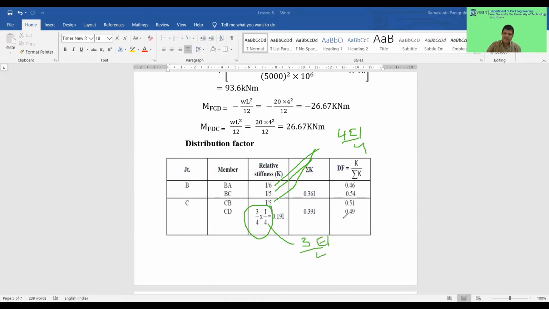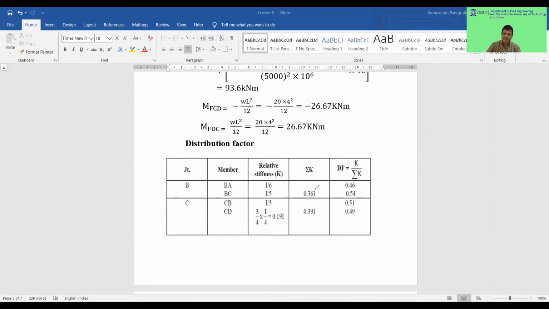What is relative? It has to be divided by 4EI by L, and the relative is taken. By taking both ends fixed, it has the standard value and is divided by this. So 1 I by L, I by L, and 3 by 4 I by L. This is how we find out the relative stiffness.